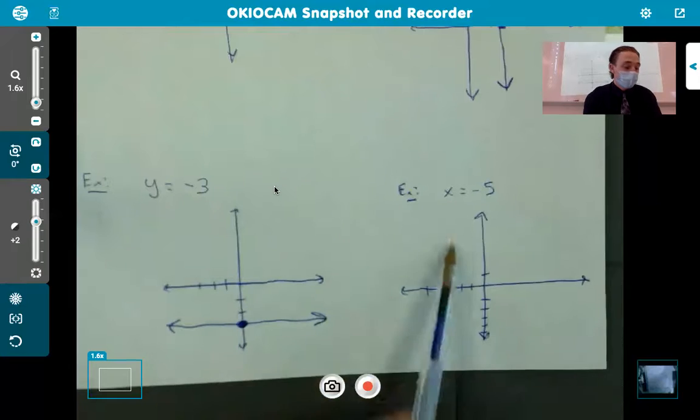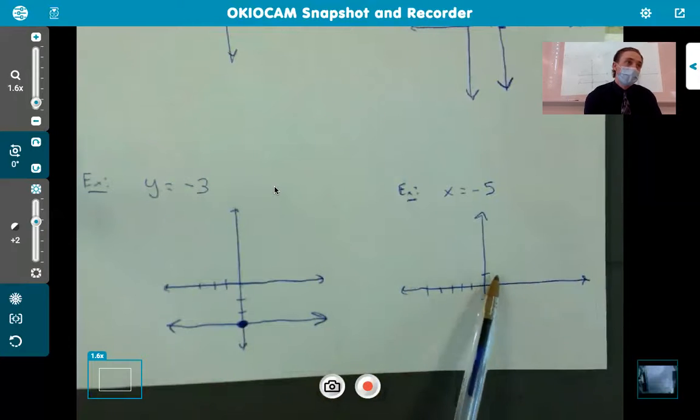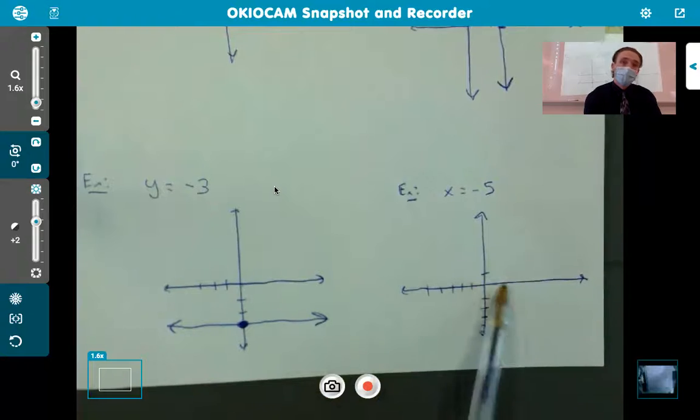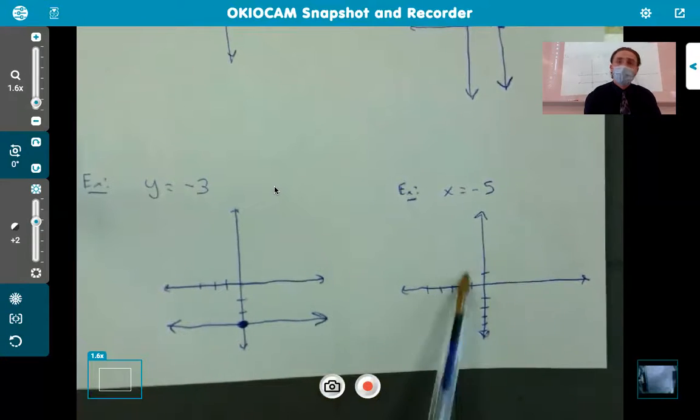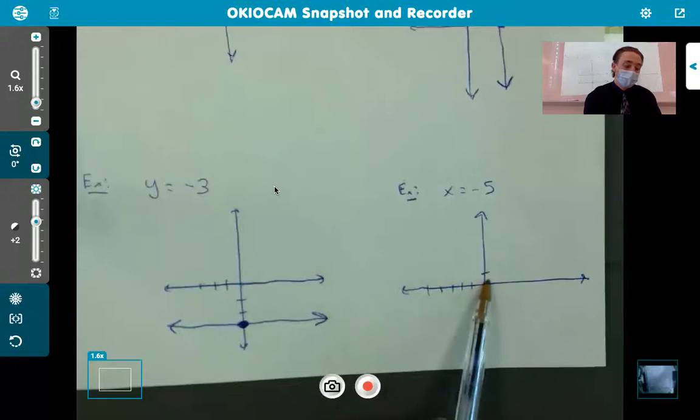In the next example, if I have x equals -5, where am I plotting my point? Where do I go? To plot this point. Do I go up? Do I go to the right? Do I go to the left? Do I go down? Where am I going? For x equals -5.